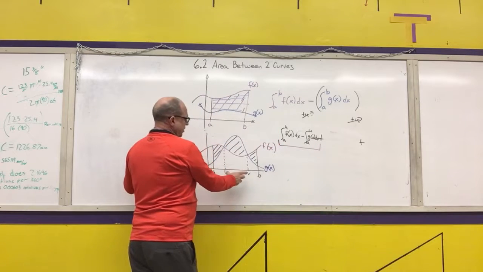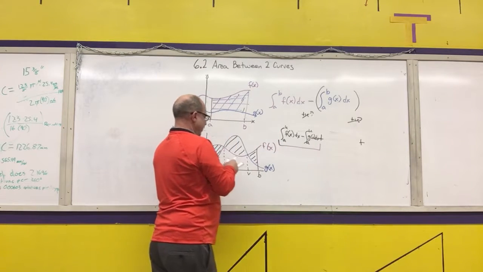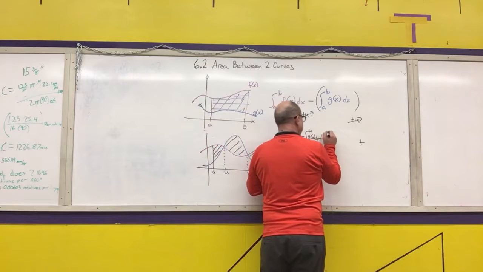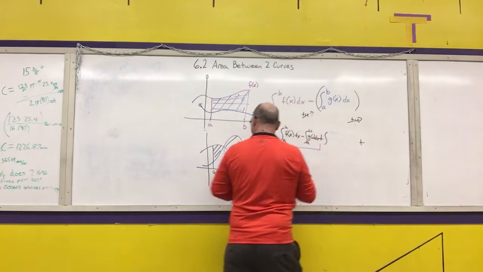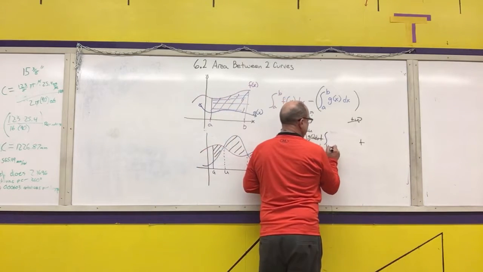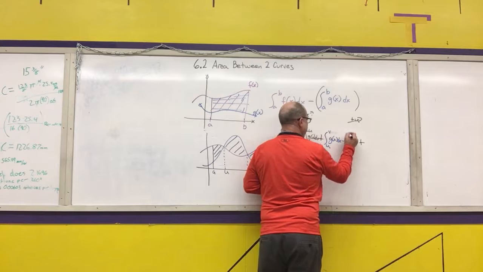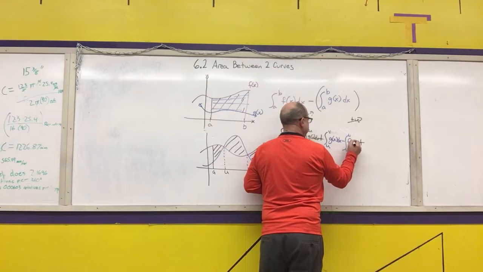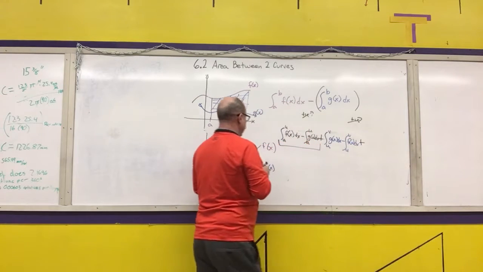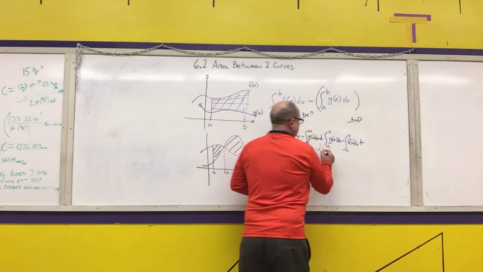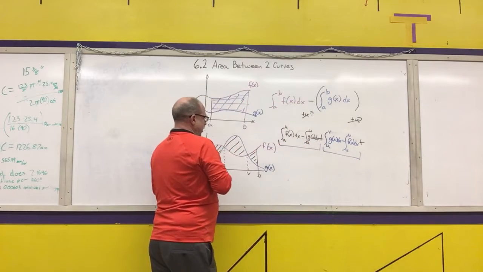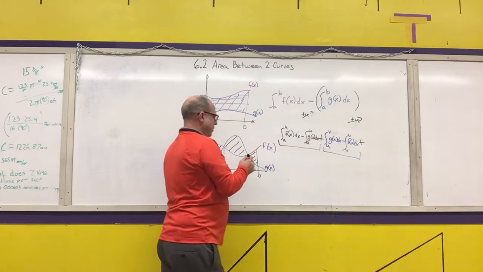Then the second region, g is on top. So it would be the integral from u to v of g of x dx minus the integral from u to v of f of x dx. And my final region, f again, is on top.